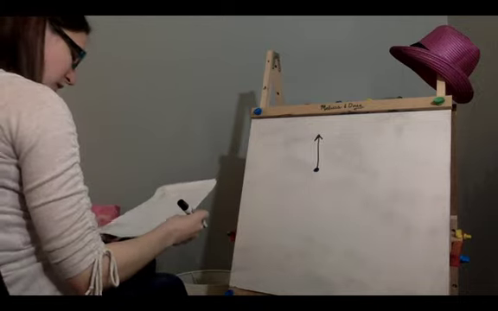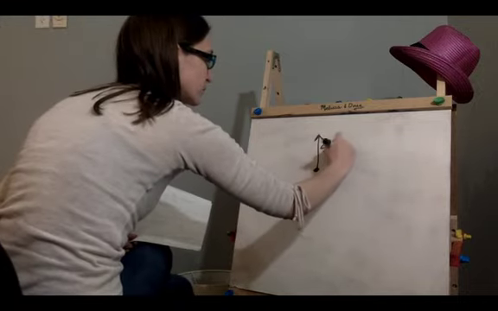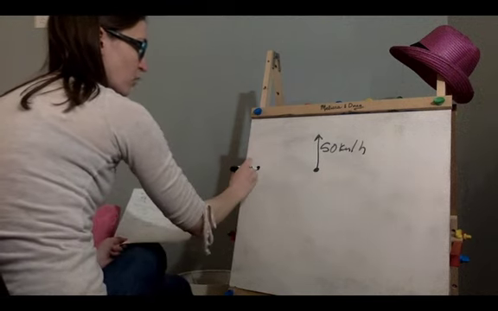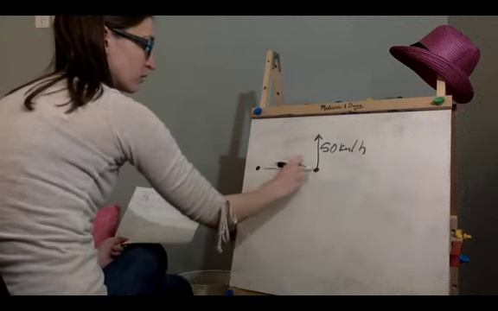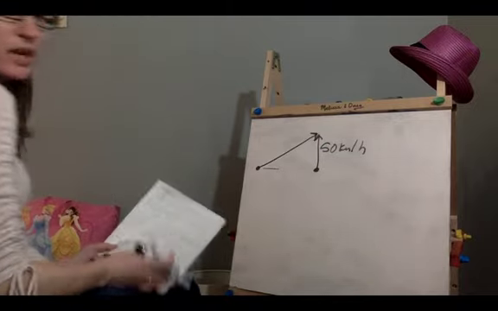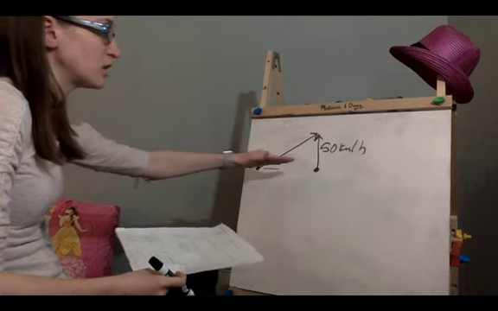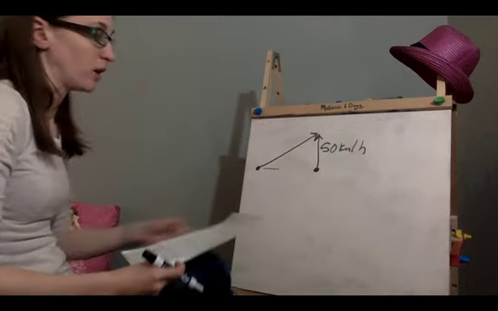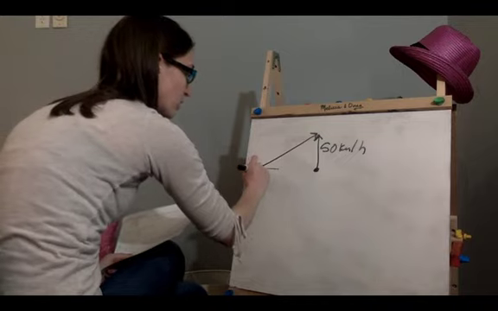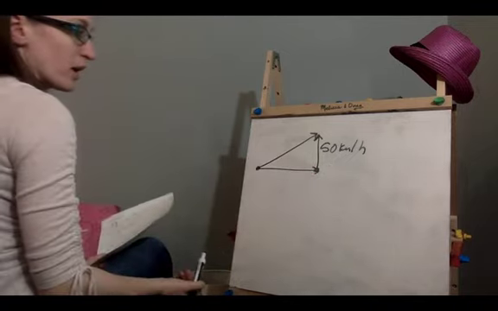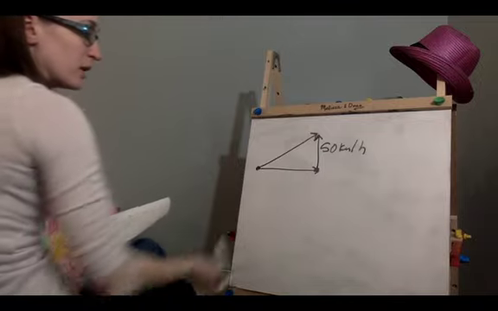And that north wind is happening at 50 kilometers per hour. Our plane started from over here. It wanted to go in this bearing, right? But really what it ended up doing was this. Right? It was heading east, but it got pushed north, right? So it was wanting to do this, right? But the wind pushed it this way, going at this speed.